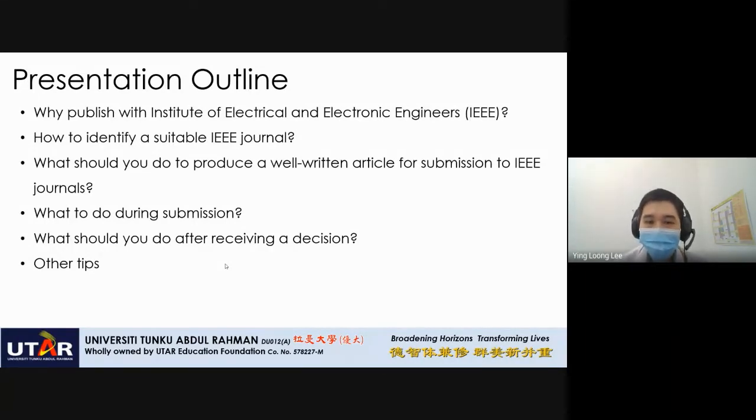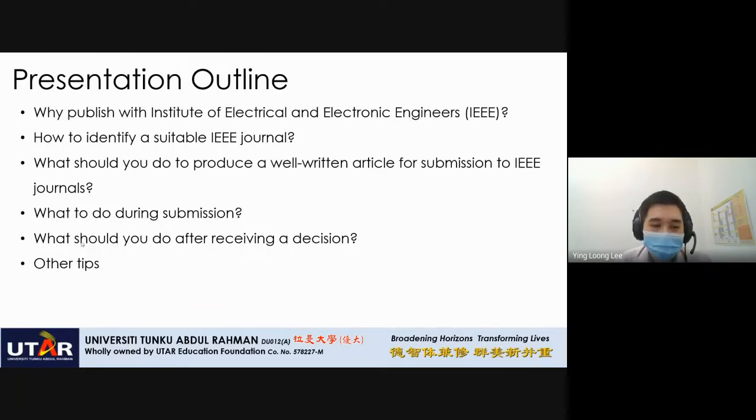Paper writing is not just about writing only. Sometimes it also has to do with paper submission and how you revise it. It's a process from writing until you submit, and then after submission you have a decision, and you should also revise the paper. So it's a process of writing, revising, submitting, and then probably revising again, until your paper gets accepted.